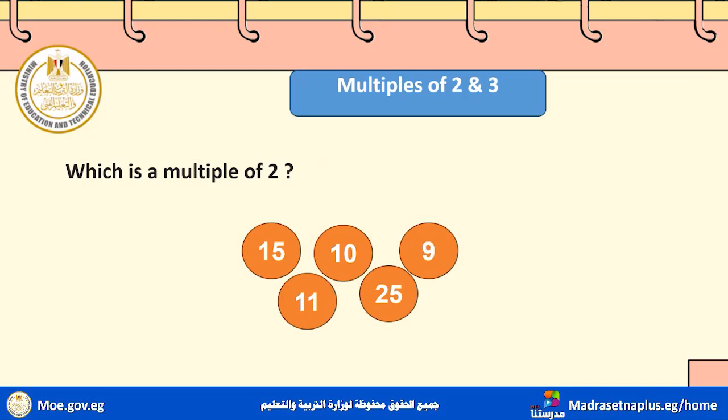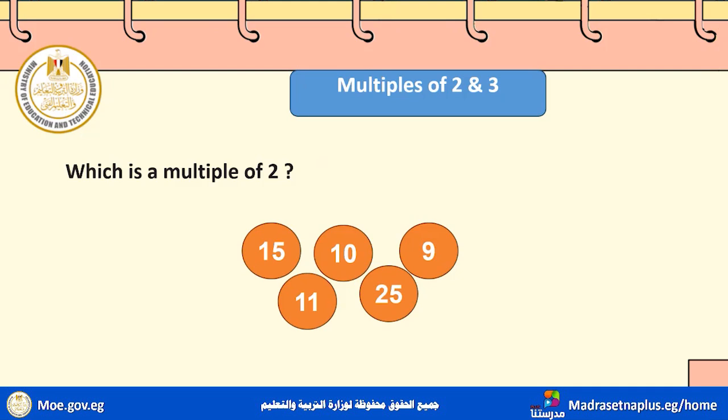Which is a multiple of 2? 15, 11, 10, 25, or 9. By using skip count, by jumping, remember what the multiples of 2 were. They are 2, 4, 6, 8, 10, 12, 14, 16, and so on.